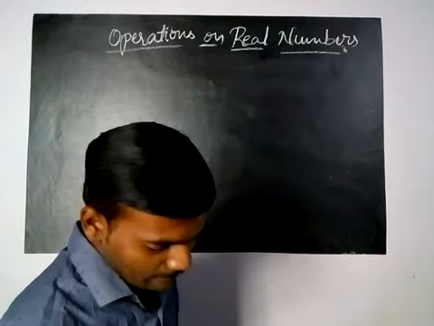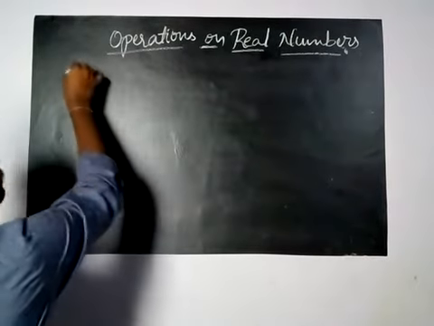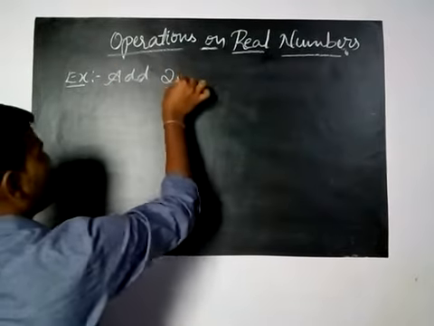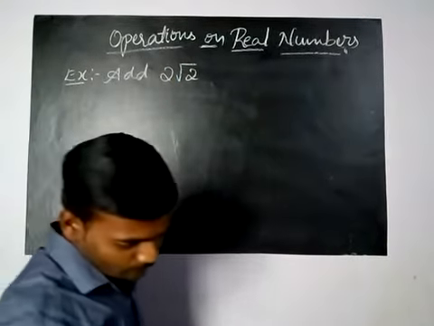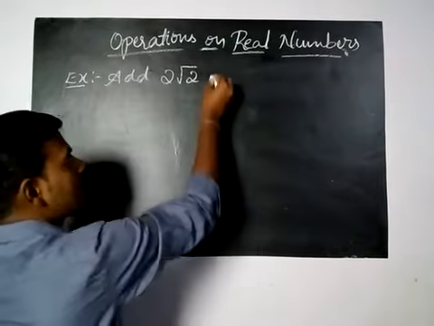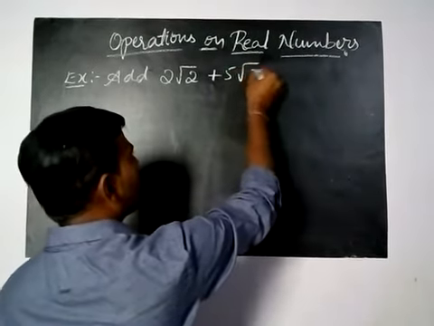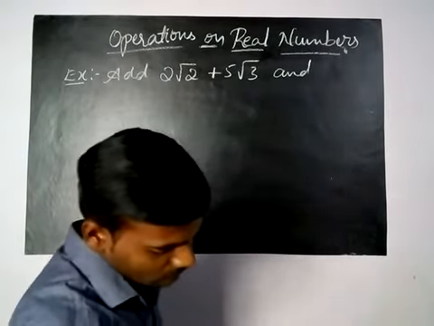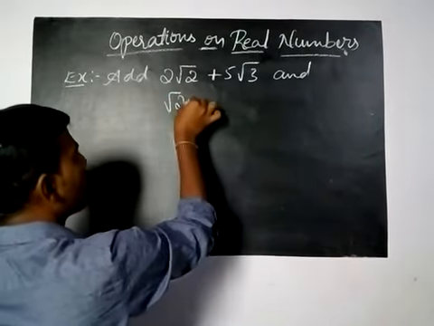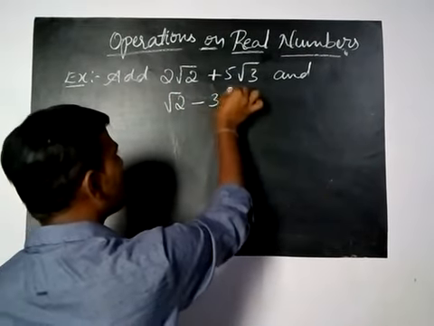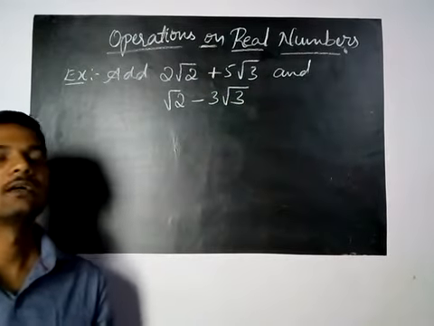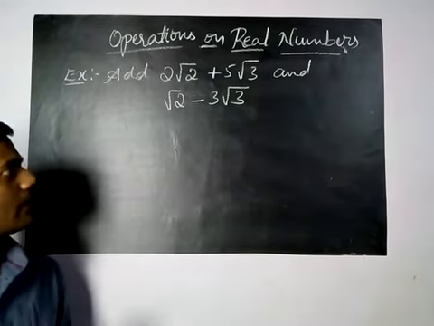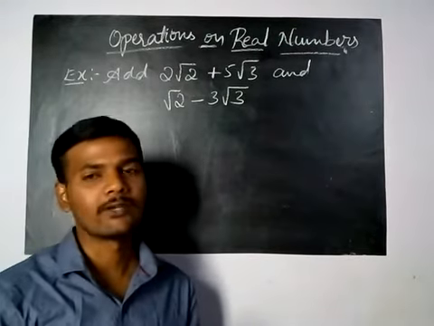Like we have: add 2 root 2 plus 5 root 3 and root 2 minus 3 root 3.